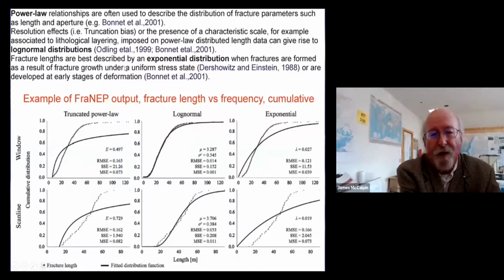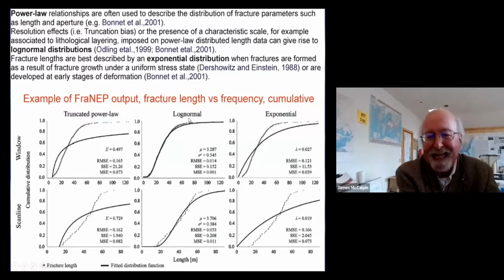And the nice thing about FRONEP is it will output cumulative distribution curves for any of its parameters. What this shows right here is some standard output from another model, not from my Sackungen cluster, trying to fit to the data. These little dots are the data, trying to fit various predefined statistical functions and cumulative curves to the data.